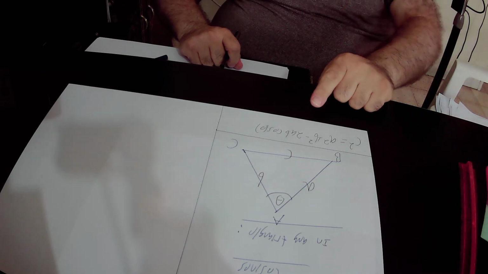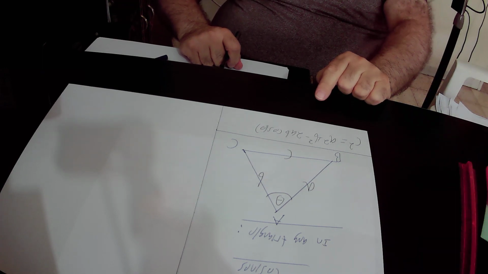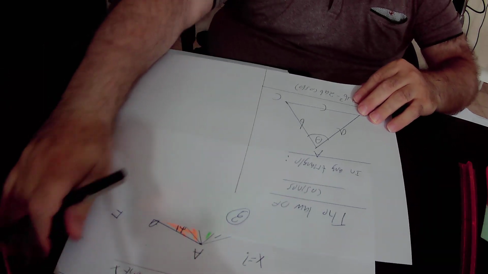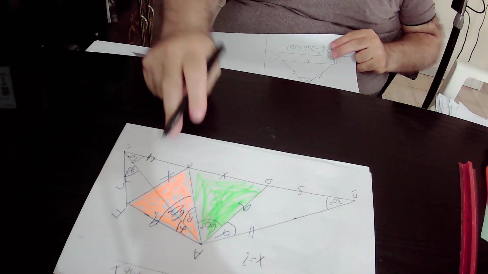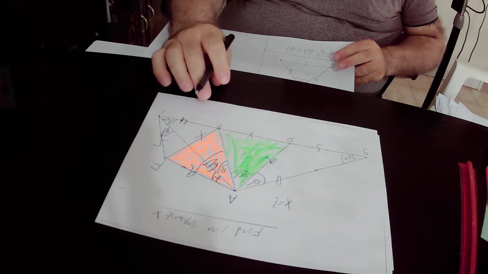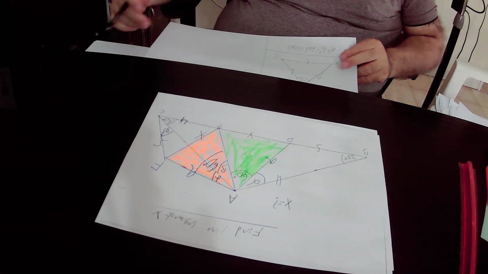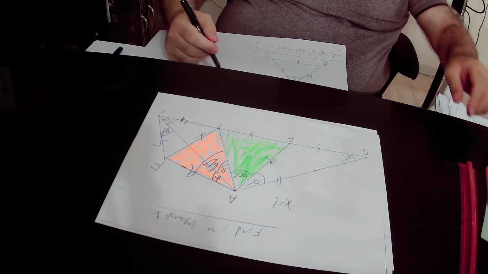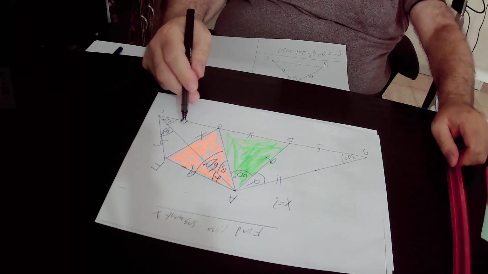So we'll actually implement the law of cosines in this triangle EFC. I'll copy triangle EFC to this page.